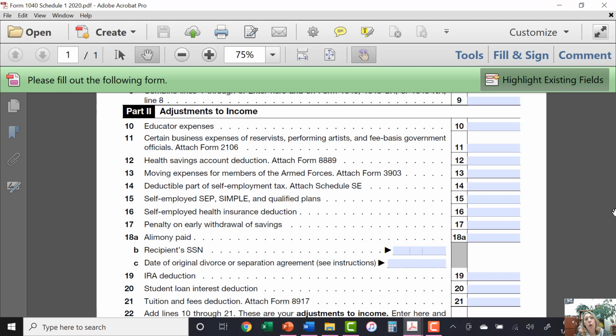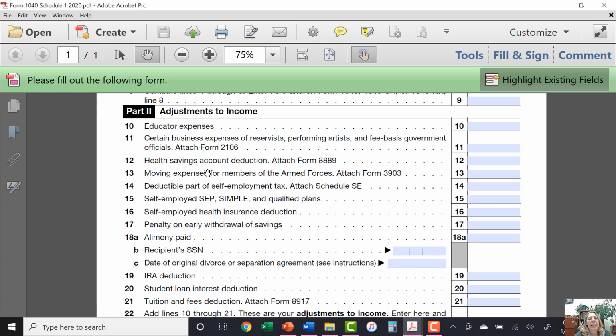They have to work in that classroom, I guess, for 900 hours during the year. Considering full time is 2,040, I think, hours during the year, 900 is less than that. So basically part-time, but they have to put in 900 hours during the year to be able to qualify for that $250 adjustment.